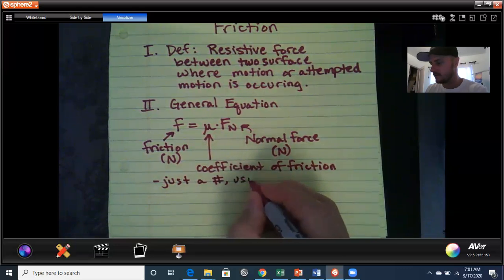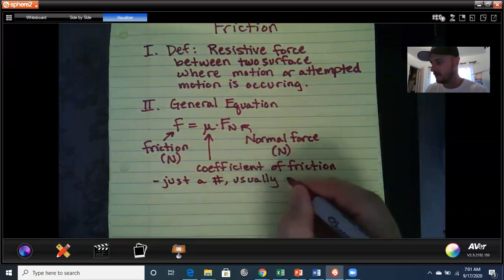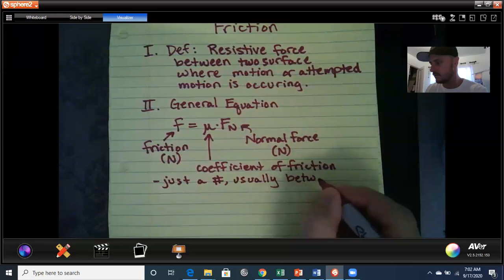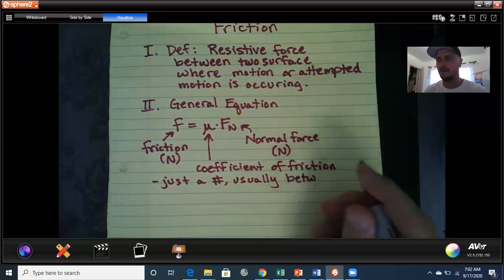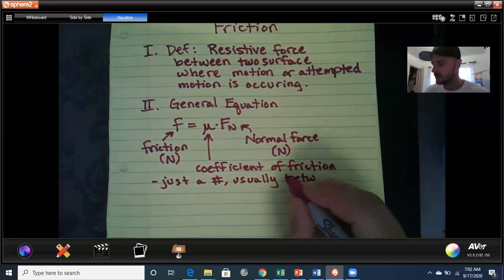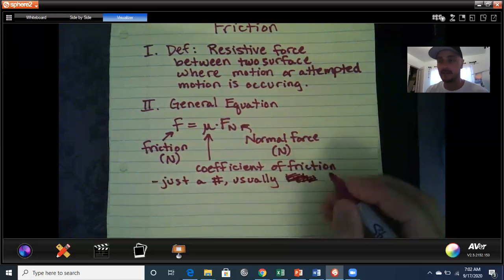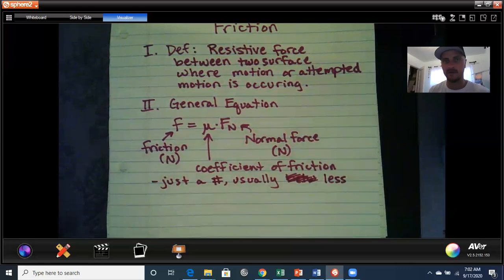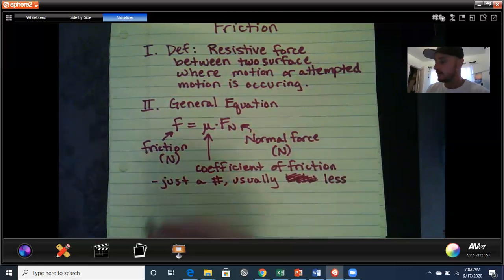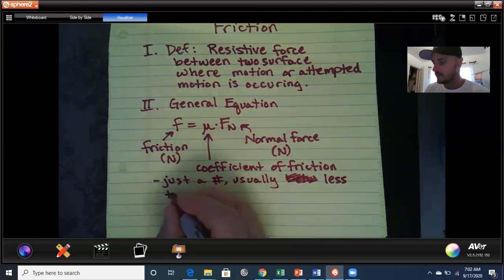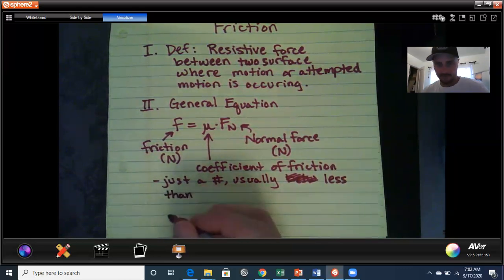usually between 0.1 and 0.9. So actually, it would be better to say usually less than 1. Not always. There are some surface combinations that produce a coefficient of friction that's greater than 1, but usually you're going to see a value that's less than 1.